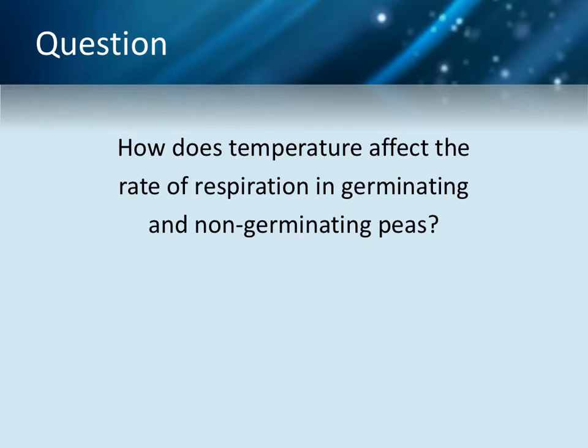The question we're going to be asking with the pea seeds is, how does temperature affect the rate of germination in those pea seeds? And we're going to be looking at the actual germinating seeds and non-germinating seeds as well. When we talk about the rate of respiration, this is a process that all living organisms go through in order to make energy, ATP, for themselves.